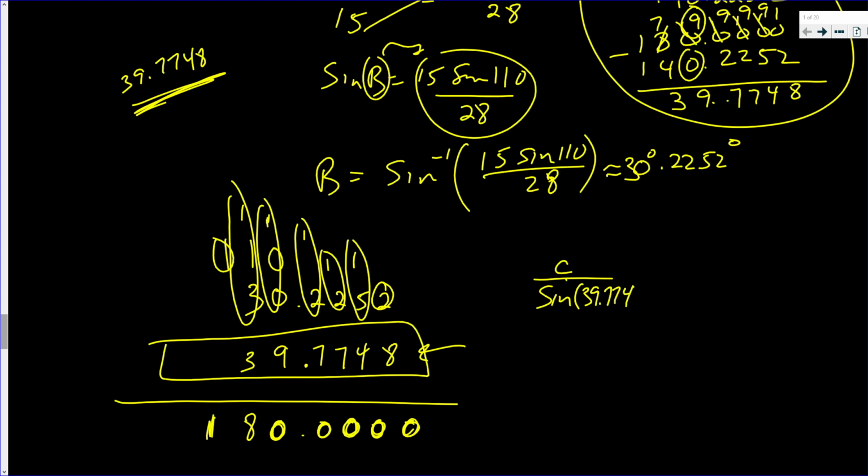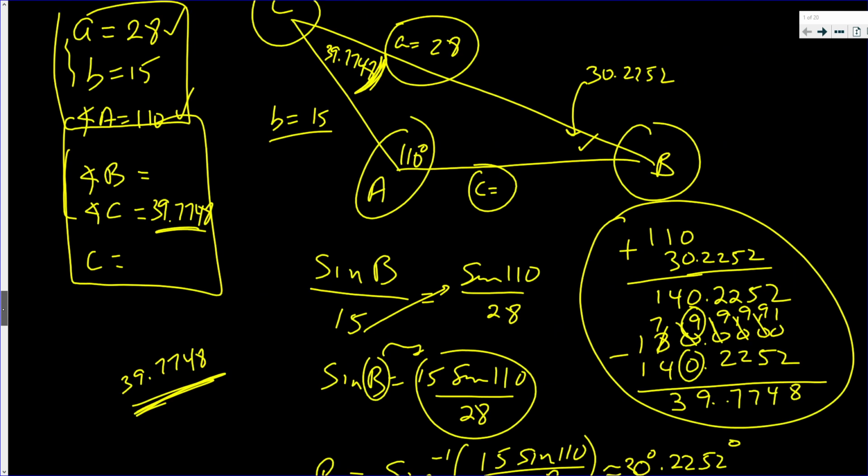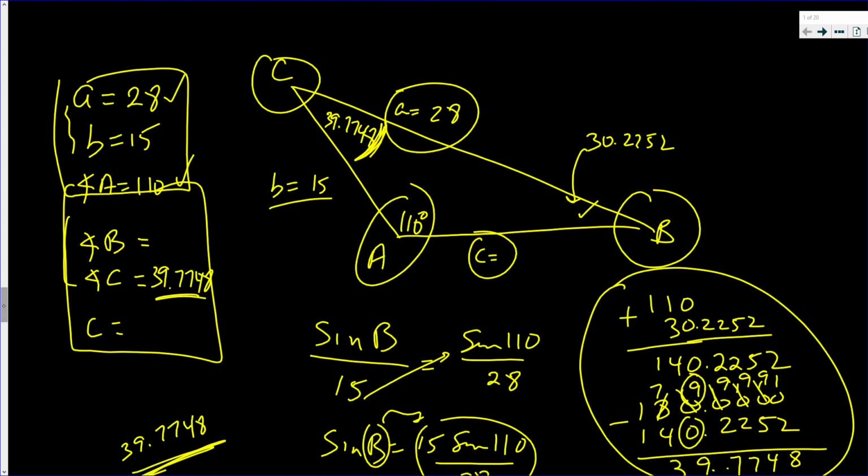And hopefully we didn't make an error finding big C. Now I can use sine of b divided by little b, or little b divided by sine b, whichever I need. But maybe I made a mistake finding capital B.